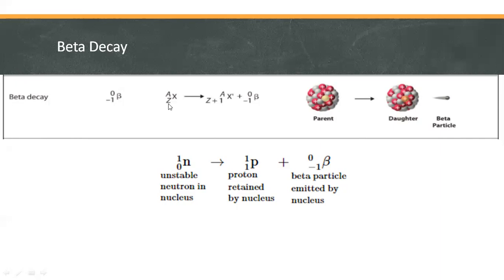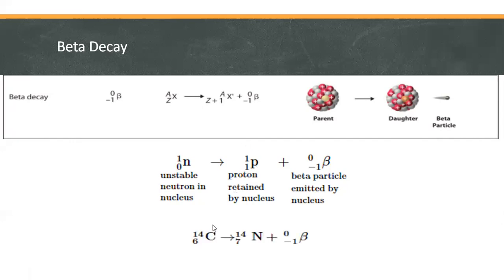So again, since one neutron is being converted into a proton, our atomic number will be increased by 1, due to the neutron being changed into a proton.